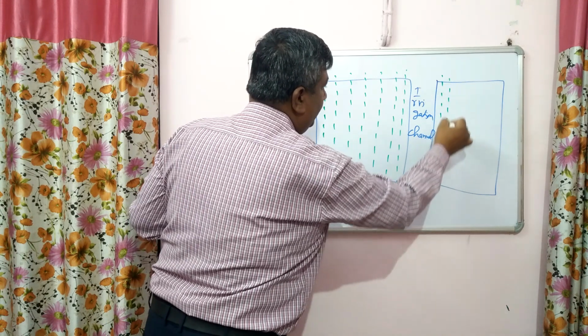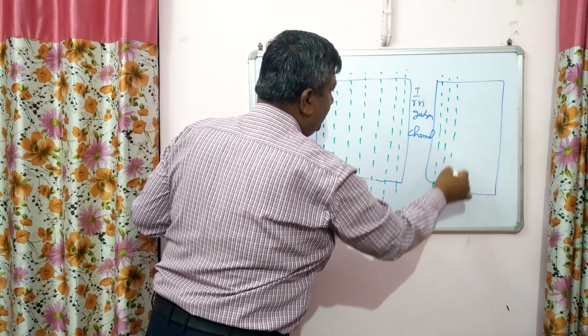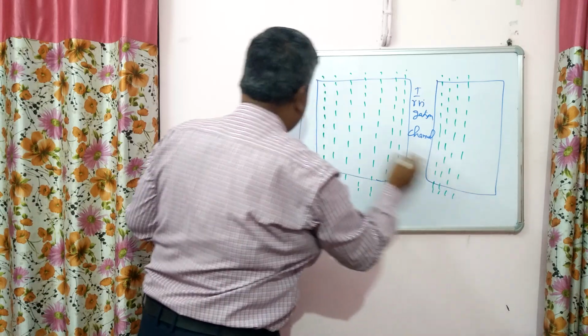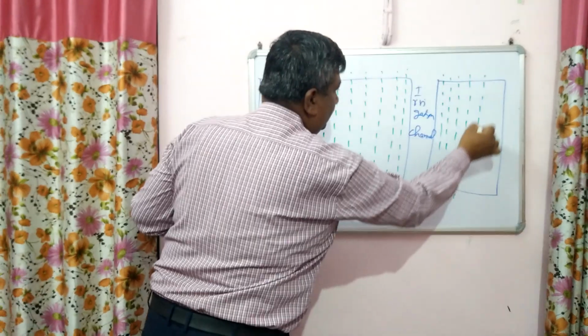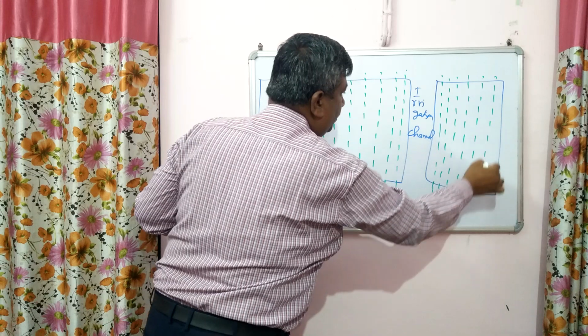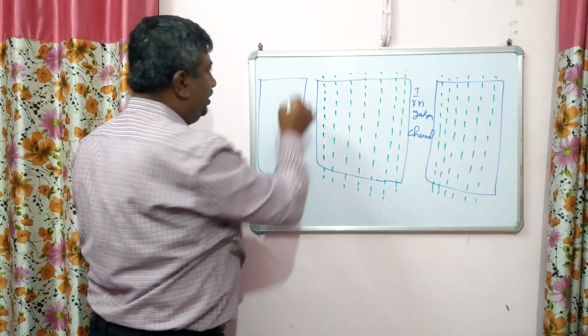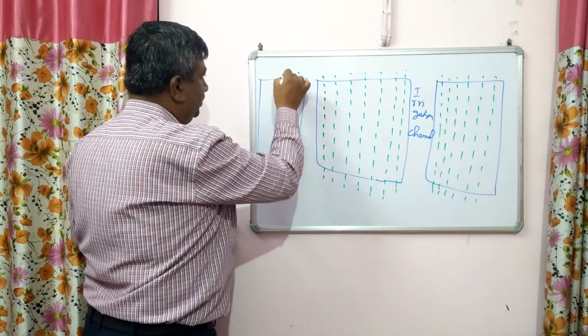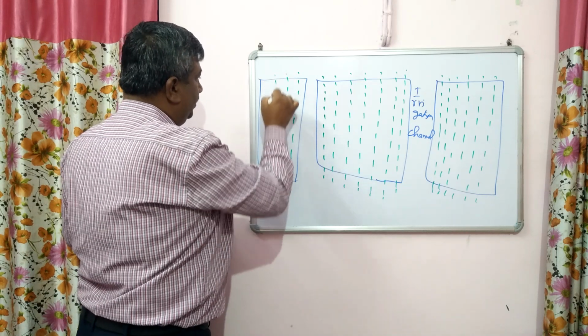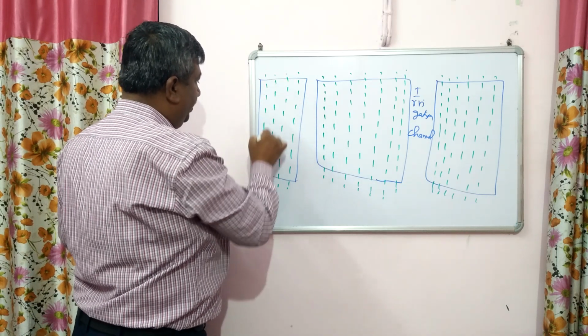We keep some distance between two plots, and this distance or area is used generally for irrigation or drainage. So this is the way the crop is growing in the field.